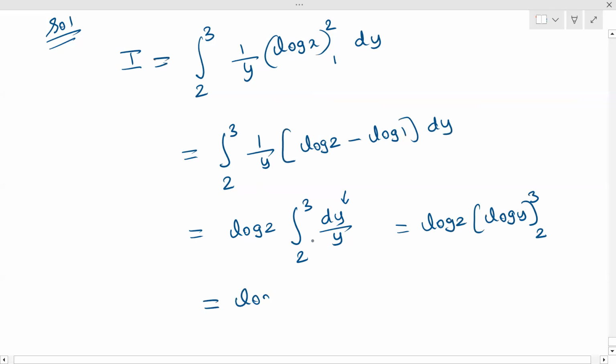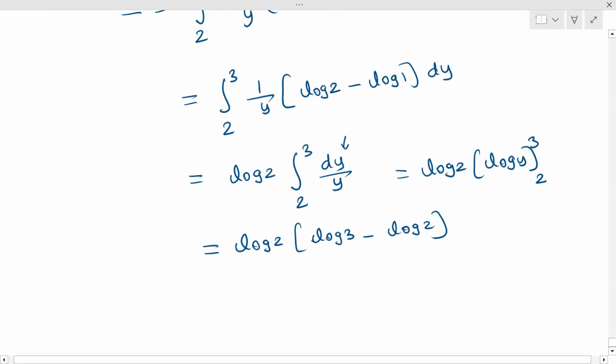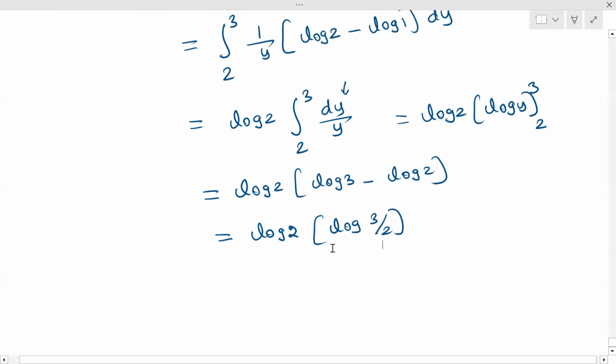So log 2 times log 3 minus log 2, which is log 2 times log of 3 by 2. So this is the answer of this problem.